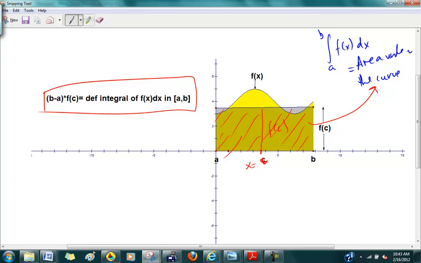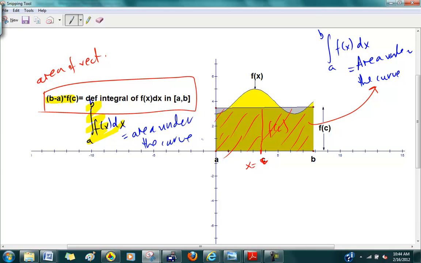Remember that this here is the area of the rectangle. And then on the other side, I should really put down in mathematical notation the integral from a to b of f(x) dx. Then this here is equal to the area under the curve. That's what the mean value theorem for integrals is saying.